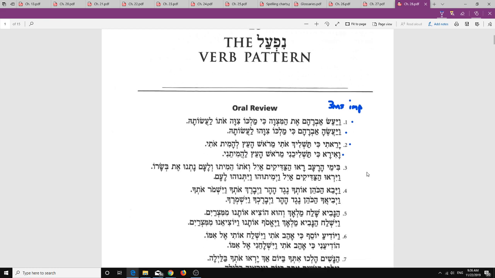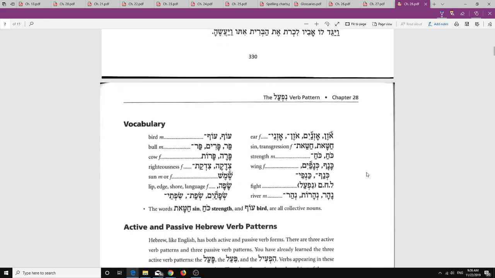Okay, let's move on to our vocab. Okay, so first we have ozen, azanayim, ozen, azne, that means ear. Chatat, chatat is sin or transgression.